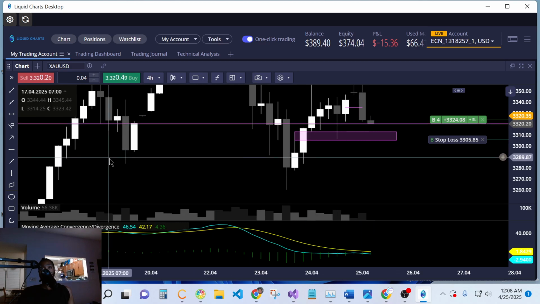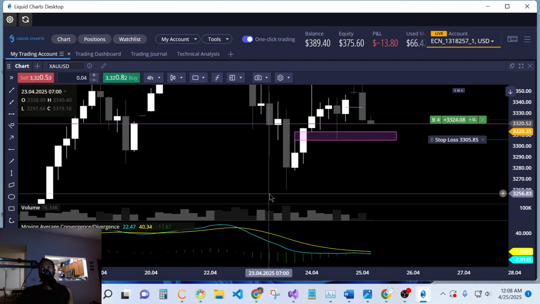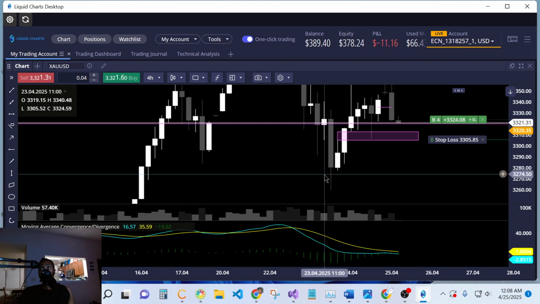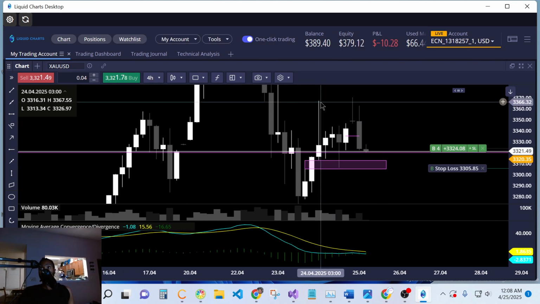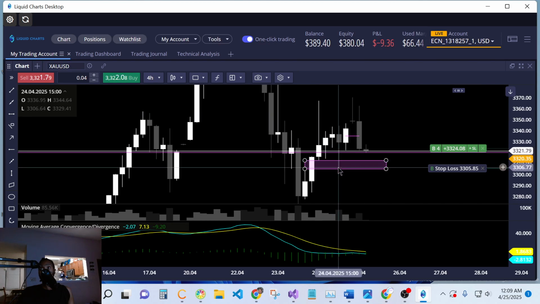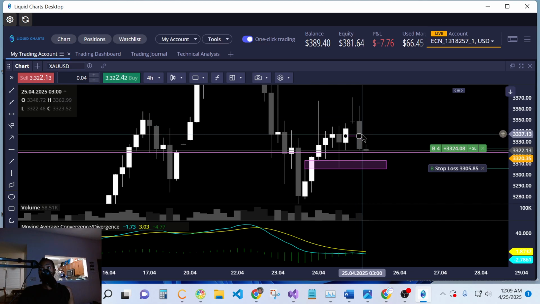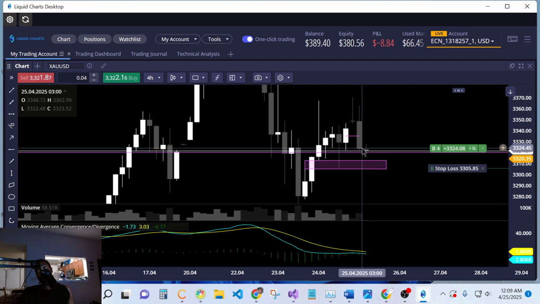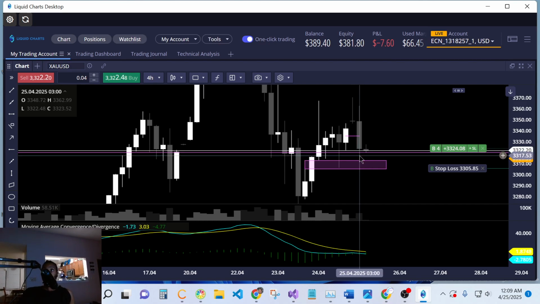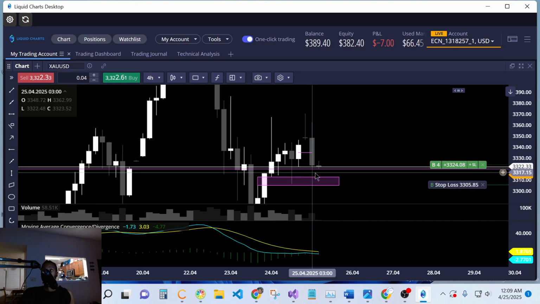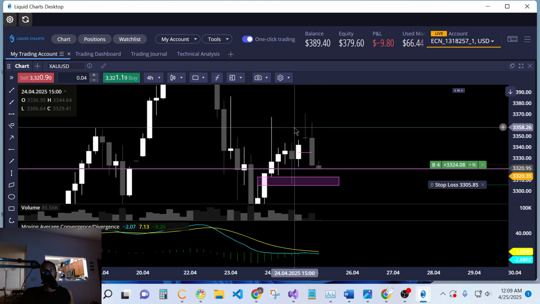So we took this low, we made another swing low, we made a swing high, and then we made a higher swing low, and then another higher swing high. So this could possibly be the low of the next higher swing low. And that's what I'm banking on. That's what I'm anticipating. That's what I would like to see.